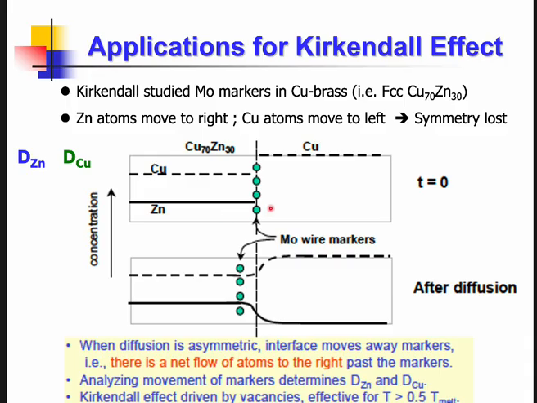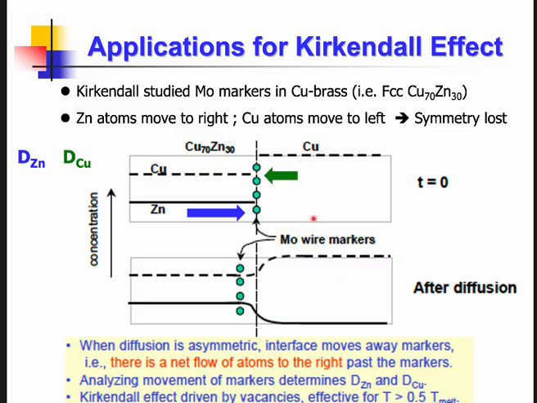So when interdiffusion happens, the flux of zinc will move to the right-hand side. And regarding copper, we have a higher concentration of copper on your right-hand side, so we will have a flux of copper moving to the left-hand side.